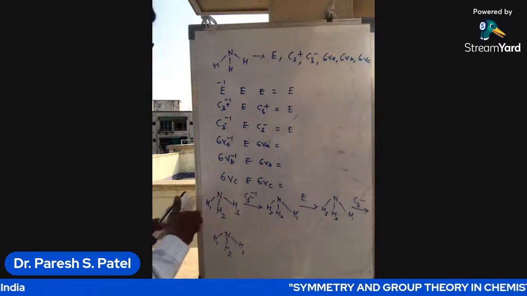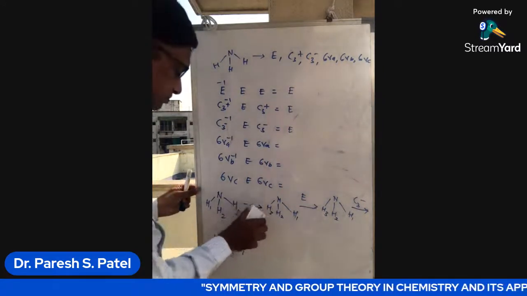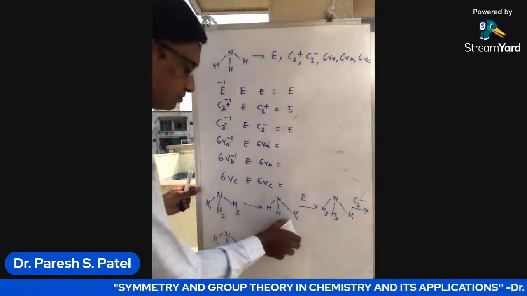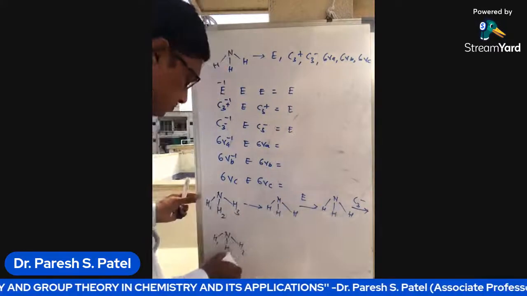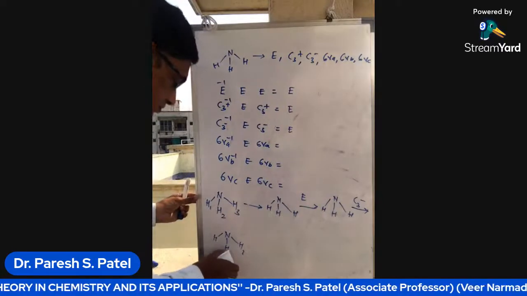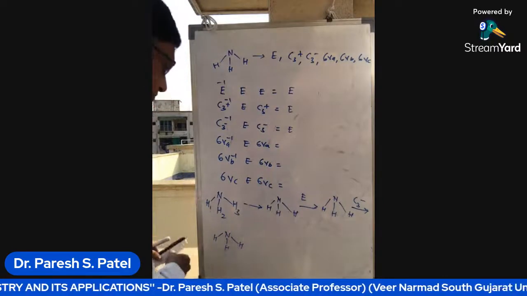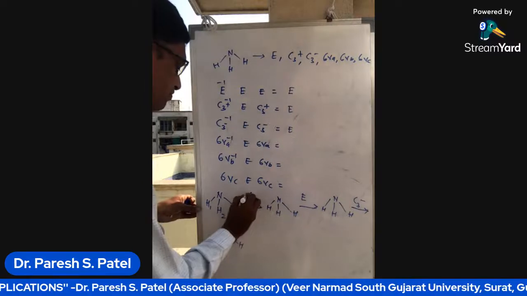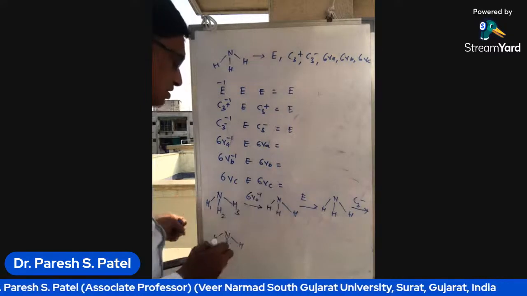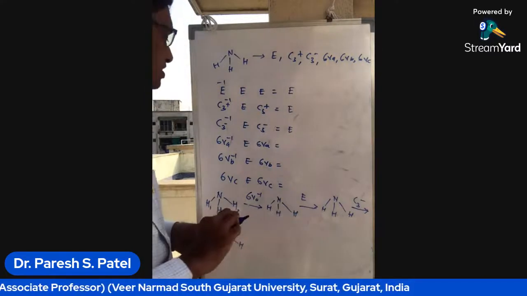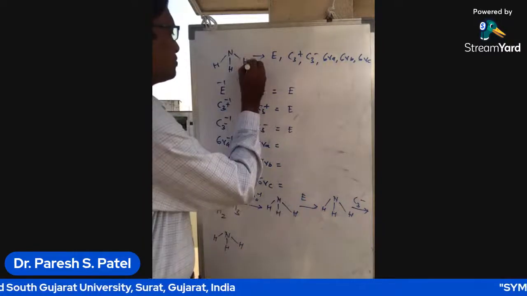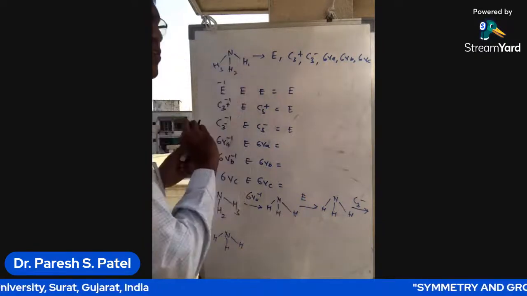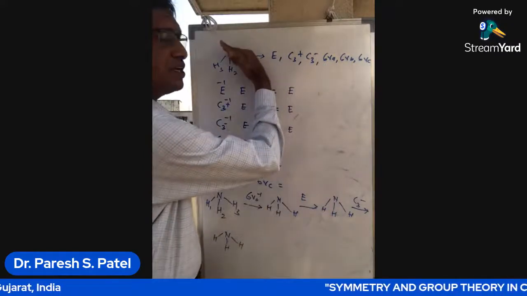Similarly, if we go for sigma Va inverse E sigma Va, it means we have to put a mirror over here. Suppose these are 1, 2, and 3. Sigma Va means we put a mirror over here.